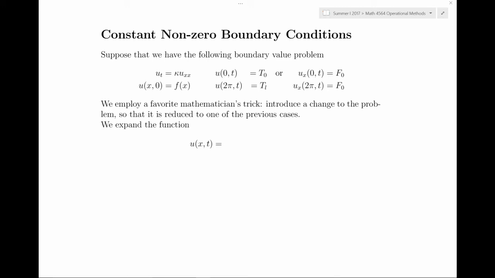Here we can circumvent using this method by reducing the problem to something we already studied. We expand the function u of x,t as a function w of x,t plus a linear function in terms of x. If we differentiate the function with respect to t, then the linear function after w will disappear since it doesn't depend on t.